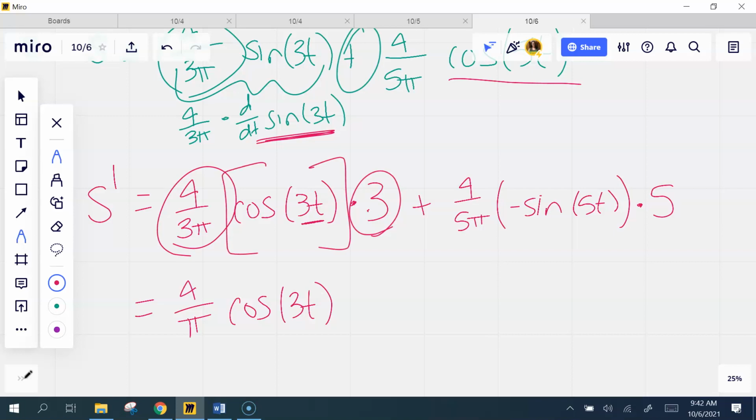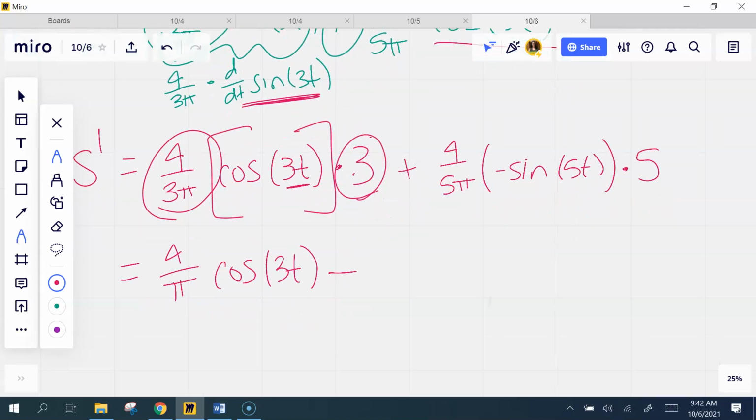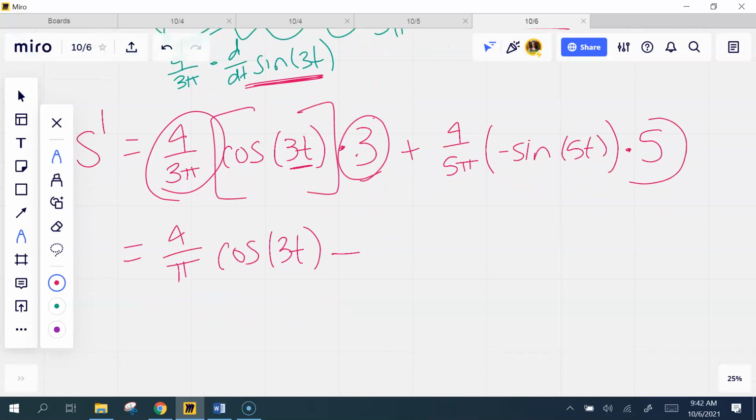It's just multiplied. And multiplication is commutative, so I could multiply these two together if it helps me with my cancellation. This is going to be minus. Again, I'm going to multiply this one and this one together because that helps me. It makes it 4 over pi again. Sine of 5t.